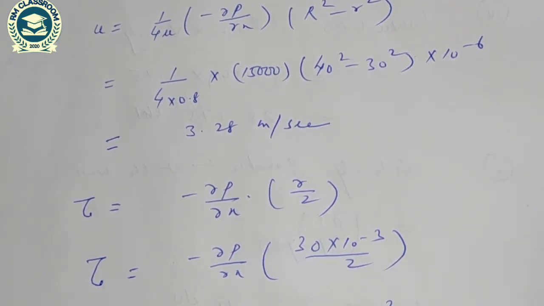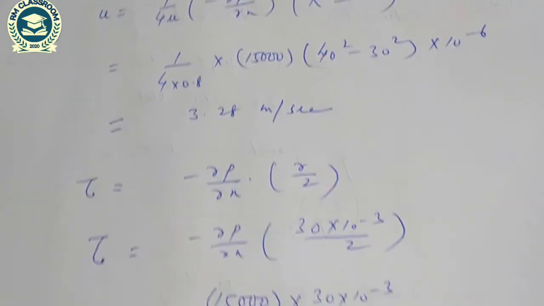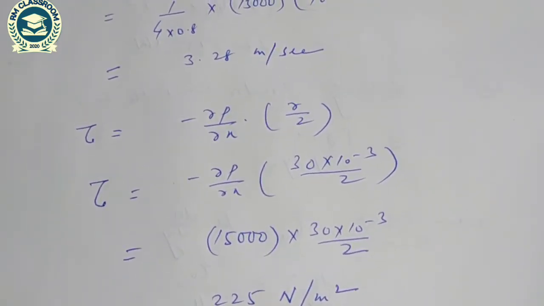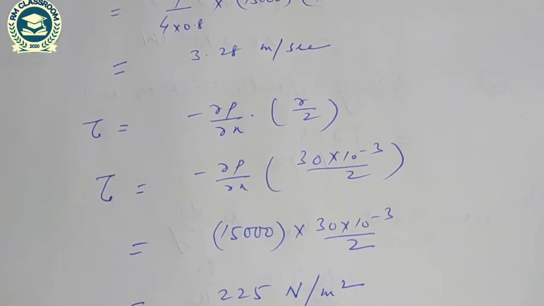So shear stress will be 225 Newton per meter square. So this will be the shear stress at 10 mm from the wall, or 30 mm from the center line of the pipe.